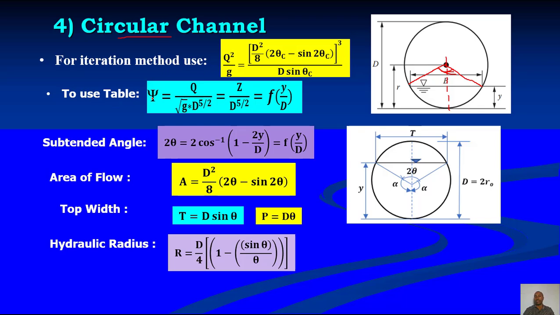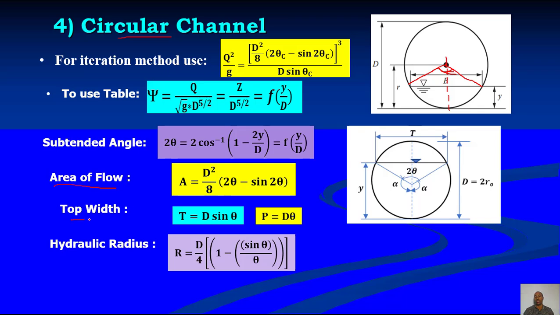To use the table, just calculate Q over root of g, D to the power of 5 over 2. Then this is the section factor divided by D to the power of 5 over 2, which is a function of Y over D. So the subtended angle, which is 2 theta, is 2 cos inverse of 1 minus 2y over d, equal to a function of y over d. Then for the area of flow, you have d square over 8, 2 theta minus sine 2 theta.